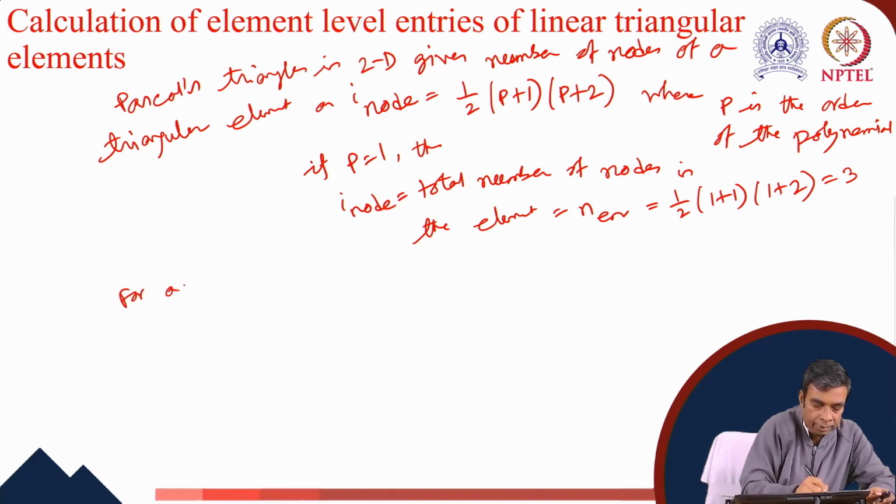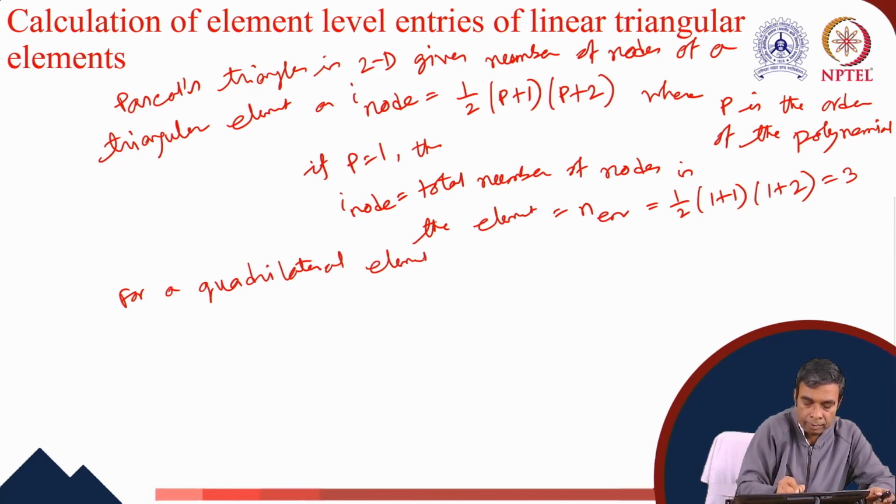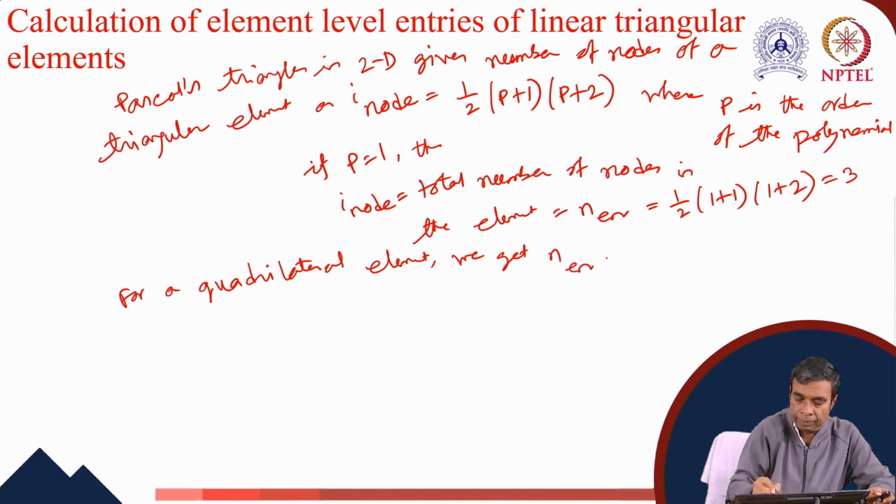For a quadrilateral element, we get NEN equals I node equals p plus 1 whole square.